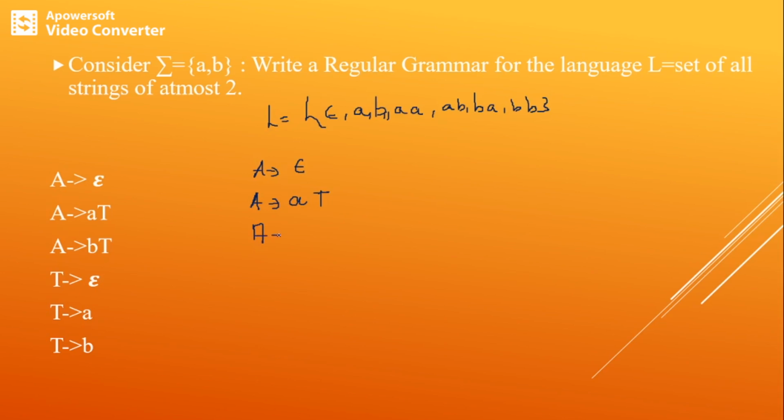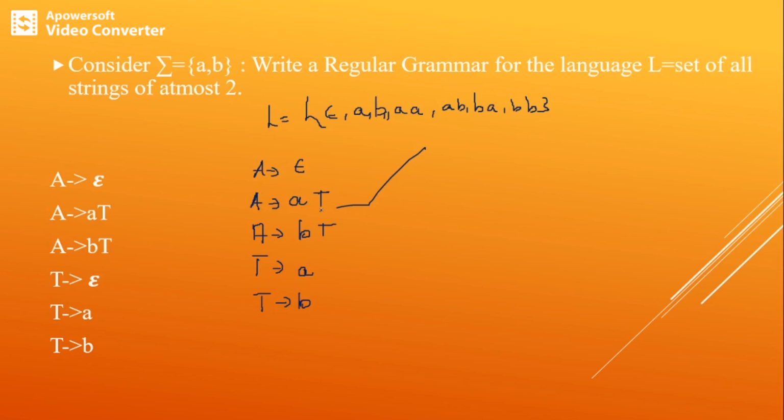S can also start with B, because the starting character can also be B. So either A or B, and next it can go to T. T can give you the next character, again A or B. And you can even recognize a single A. How do I recognize a single A?